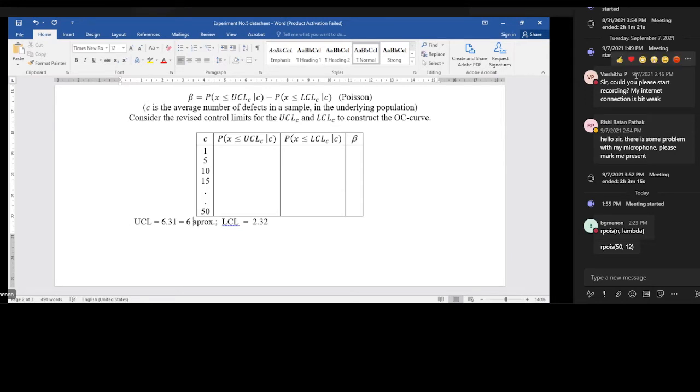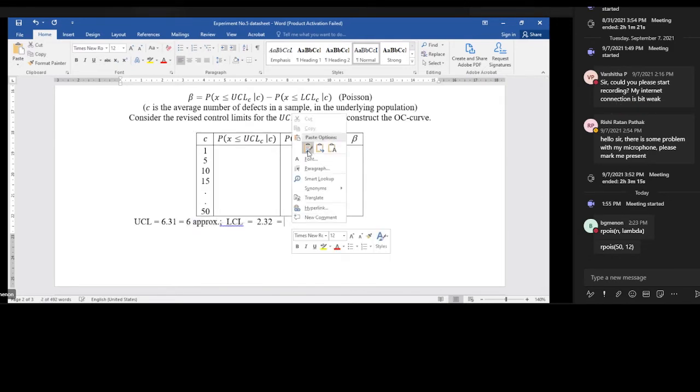You can take UCL as 6. In case of LCL, you can take the next highest integer. So what is the next highest integer? Yes, it is 3. So you will take it as 6 and 3.